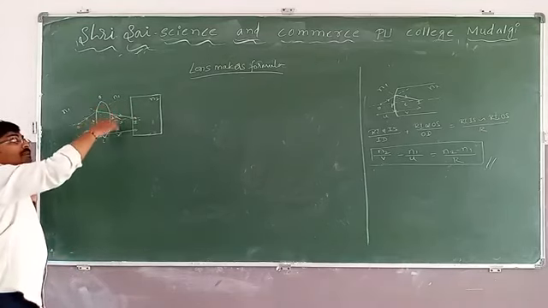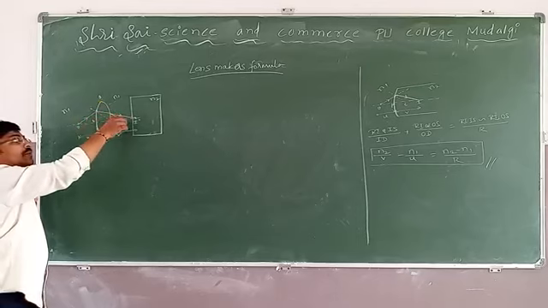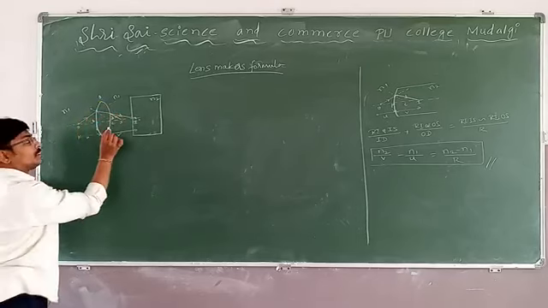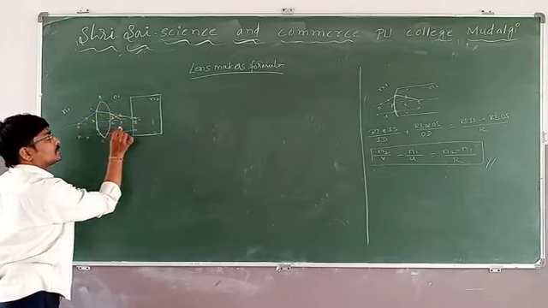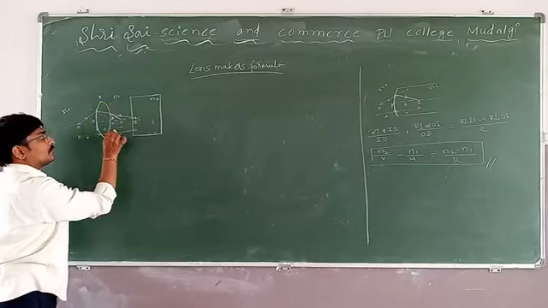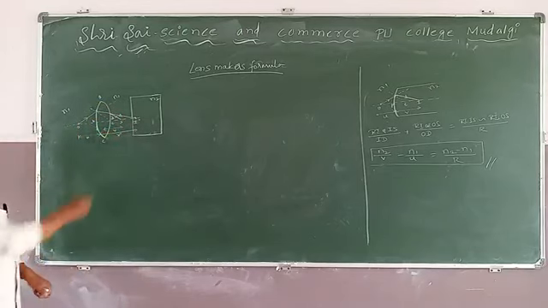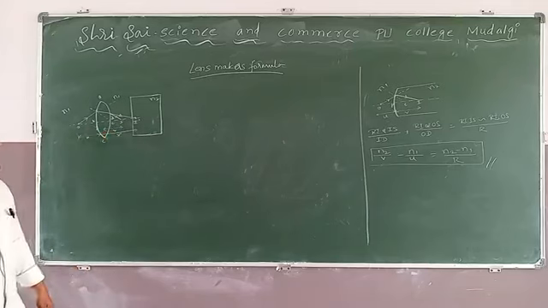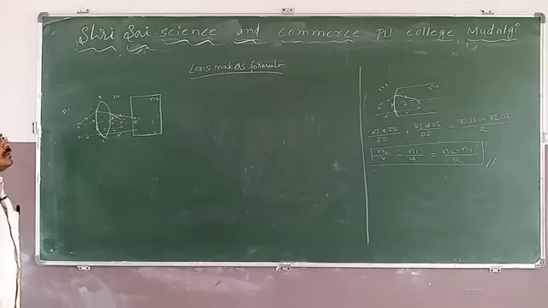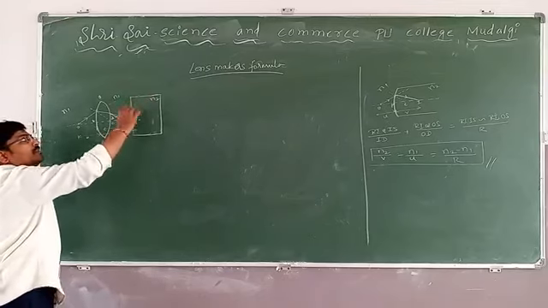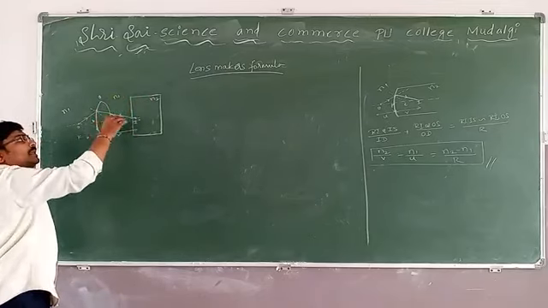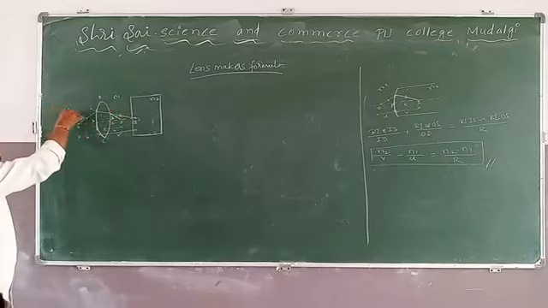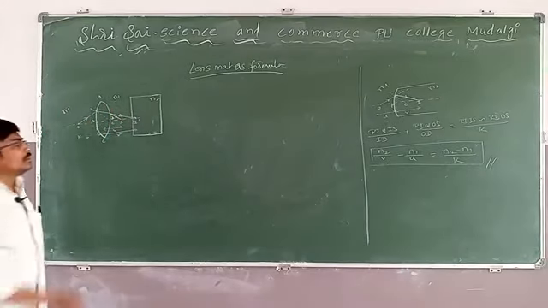But when I consider the one more spherical surface, I got the image at this point. The distance from this point is V. V dash, V and U, remember. Now this I dash is at N2 refractive index, I is at N1 refractive index, and object is at N1 refractive index. Now we got this one.